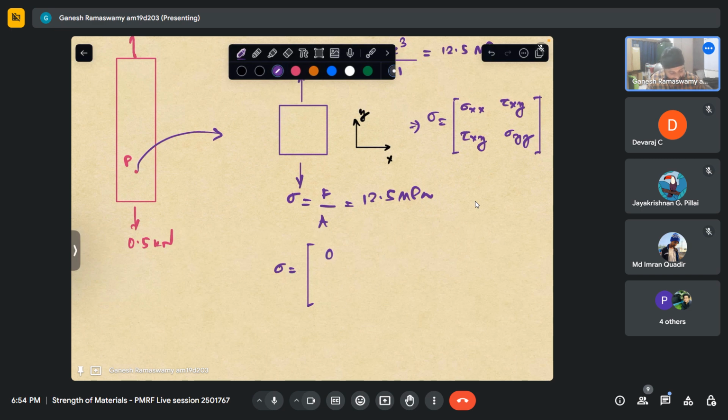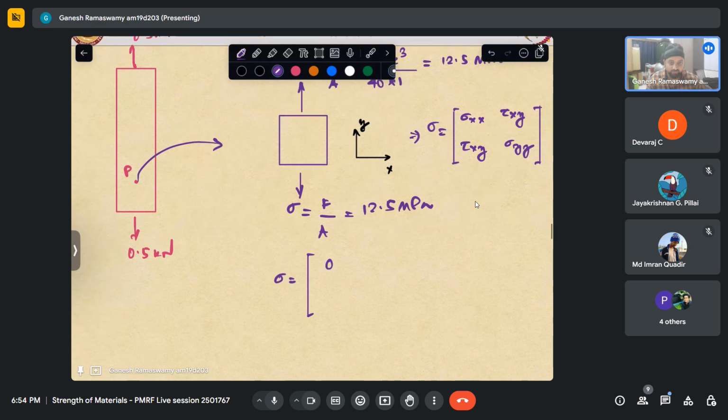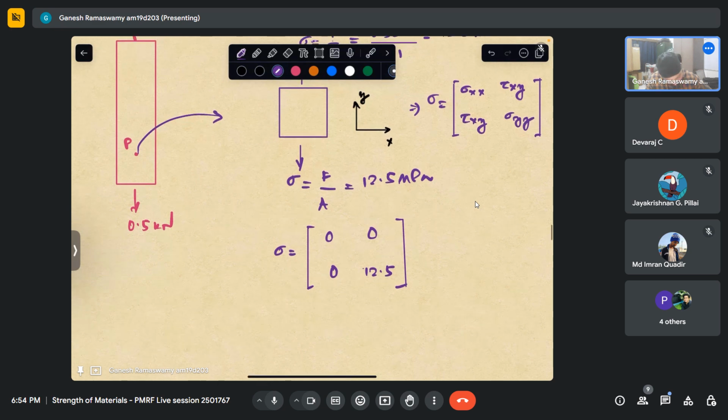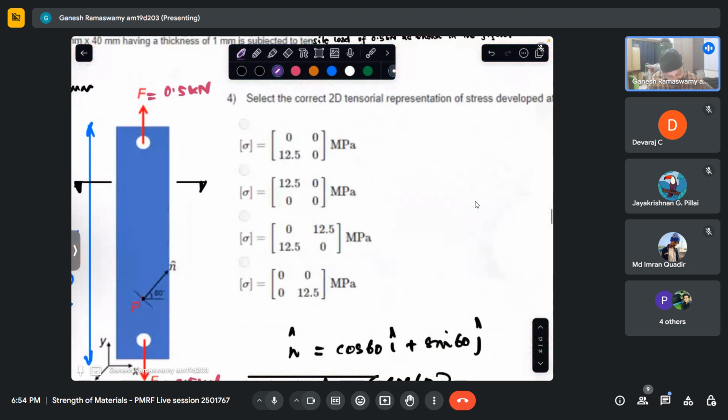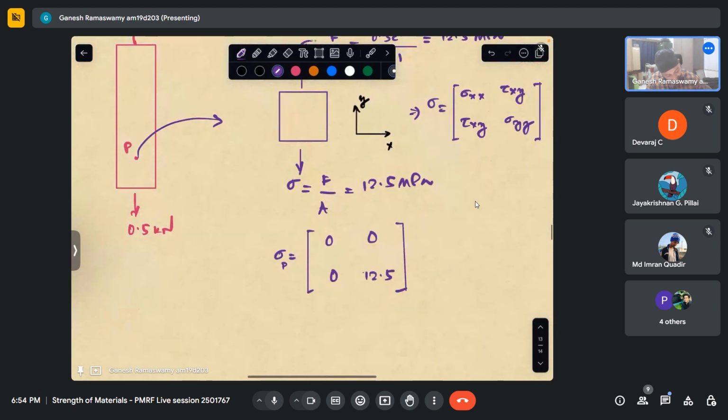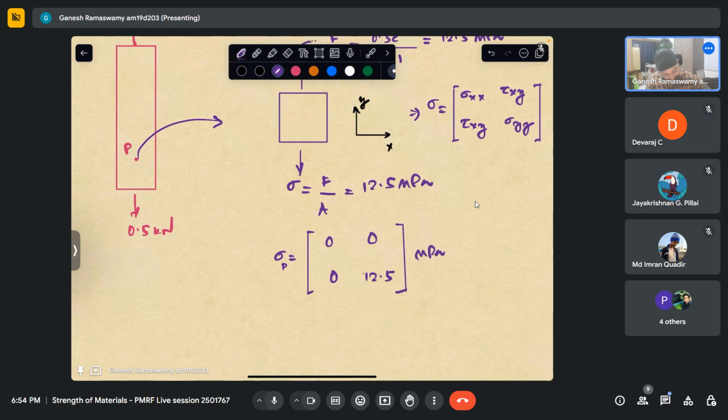In the y direction we have 12.5 MPa acting, so that comes here. There is no shear acting anywhere, so this happens to be my stress tensor at that point. I hope that is clear. So stress at point P is represented by this stress tensor. So let us see which of the options matches. We have this option D matching. So far so good. So this is MPa.